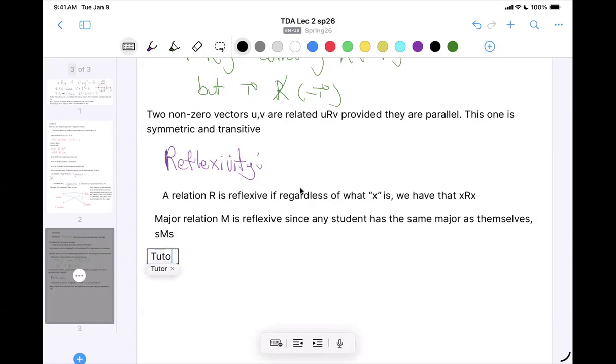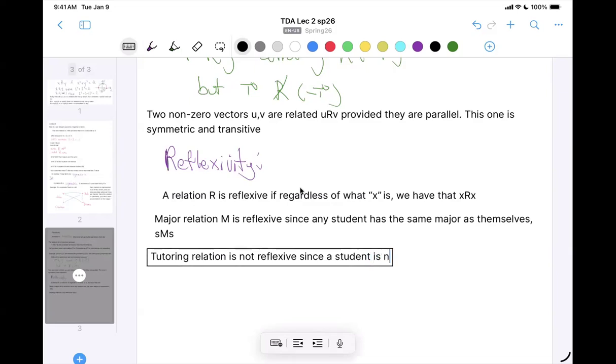The tutoring relation is not reflexive, since you don't tutor yourself, and that's not a common use of the word. A student is not its own tutor. That's just called studying.